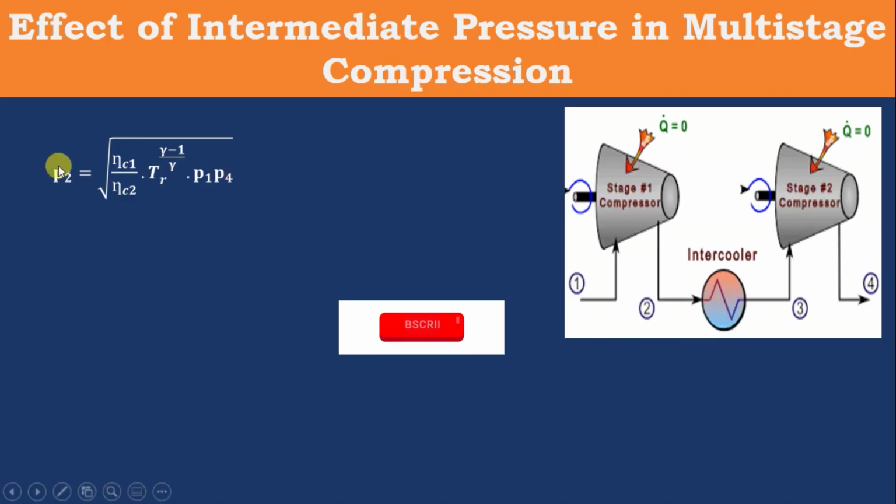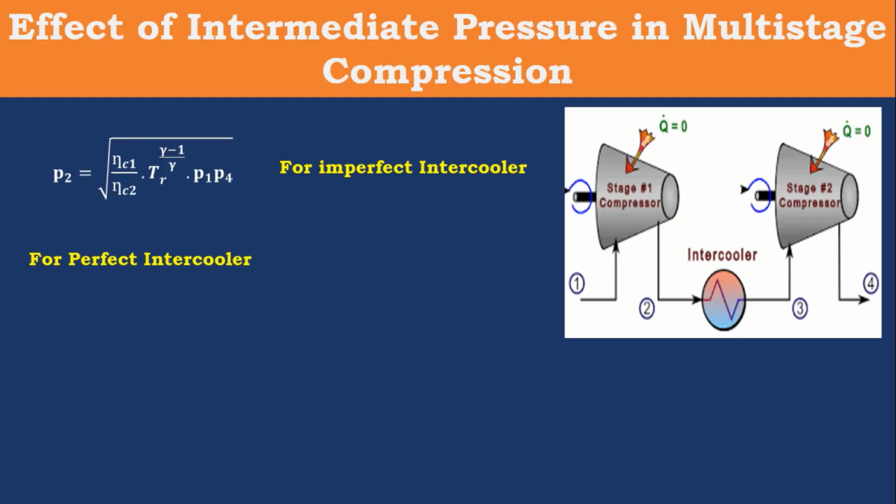This equation can be used when we have an imperfect intercooler. So what to do if it is a perfect intercooler? Let's take a perfect intercooler: this Tr becomes 1. We know T3 divided by T1 is equal to 1 because T3 is equal to T1. Let's assume the efficiency of the first compressor is equal to the efficiency of the second compressor.